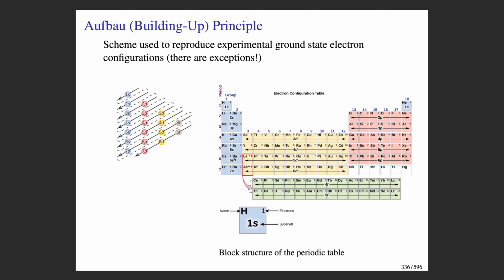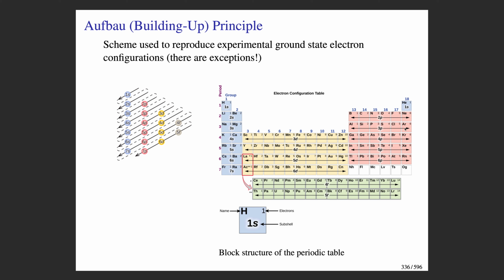So after 6s gets filled up, then you start filling in 4f. And notice it's the period minus 2. So the principal quantum number that you use for the f block is the period number minus 2, the 4f in this first case. Then you start filling in the 5d orbitals, then the 6p, now the 7s, and then the 5f, then the 6d, and so on.